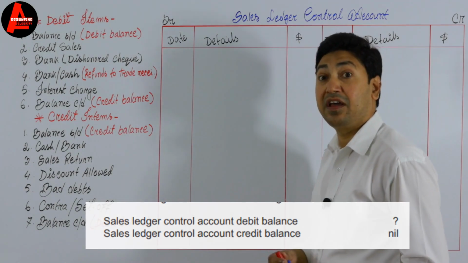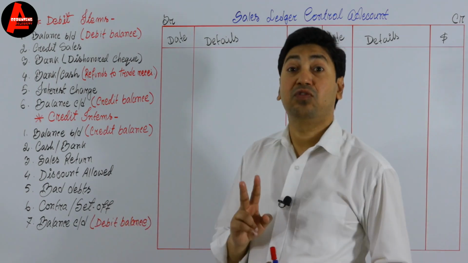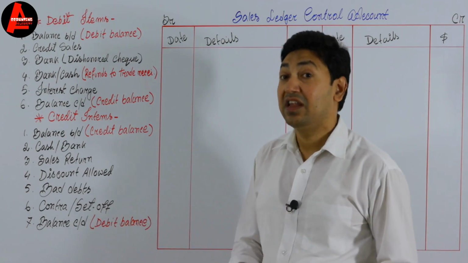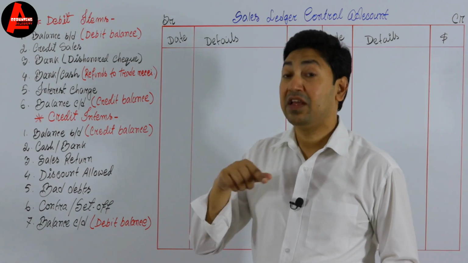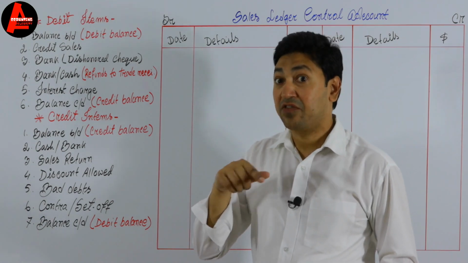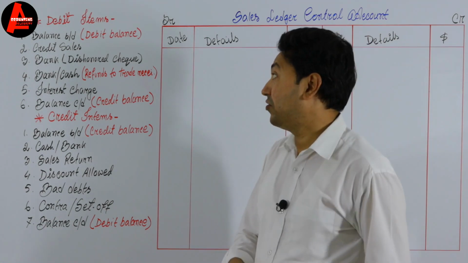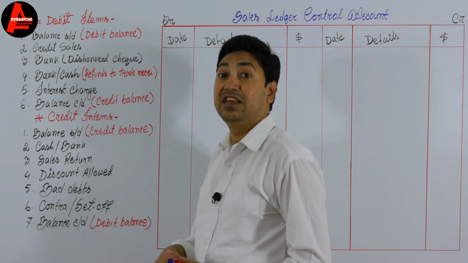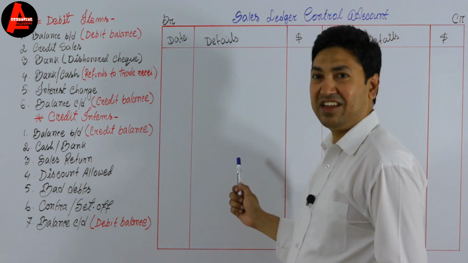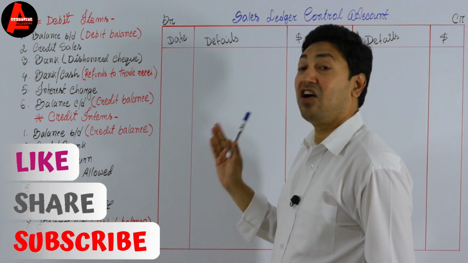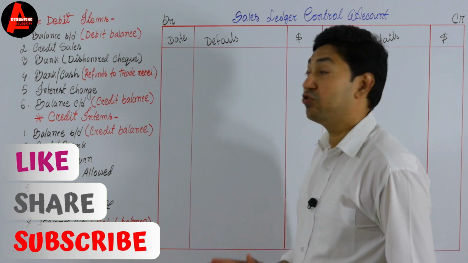If there are two closing balances given in the question, then obviously it will be marked and clarified whether it is a debit balance or credit balance. So if you see that it is a credit balance, you have to record it on the debit side. These are only 6 items you need to record.